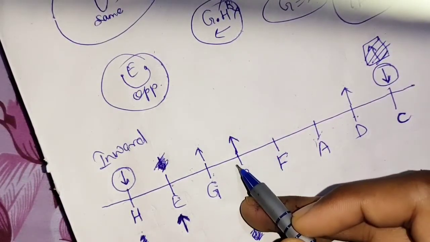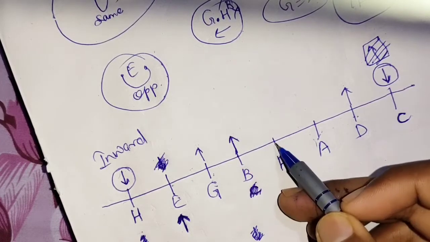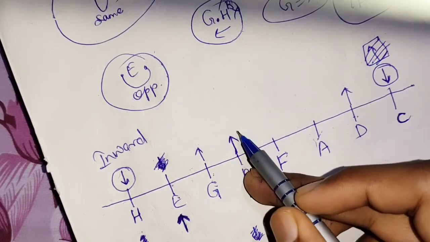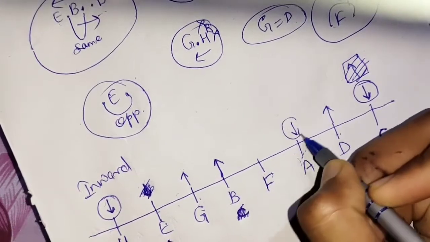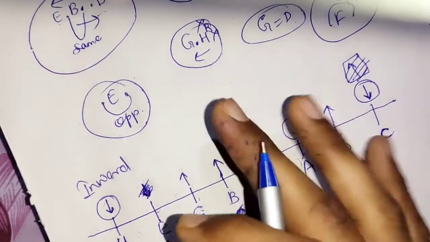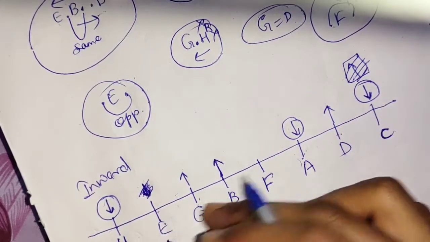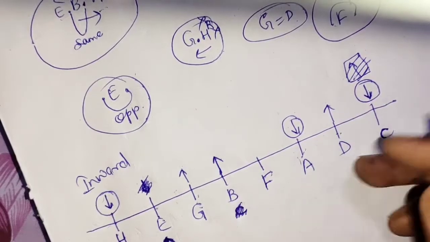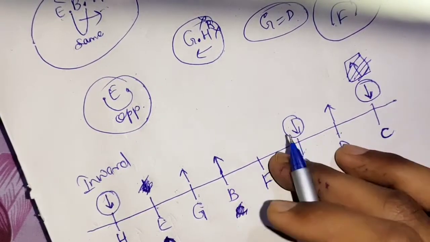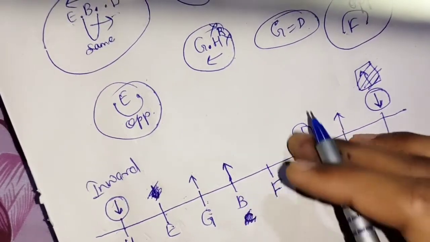So since B is a neighbor of F and B is facing inward, A will definitely face outward. We will encircle it so that we can differentiate between outward and inward. While answering questions, we may not face difficulty from this.